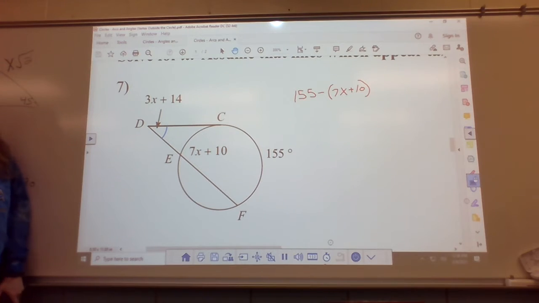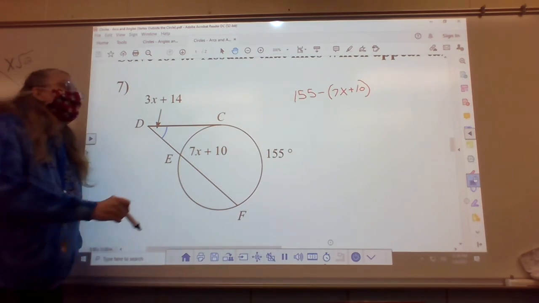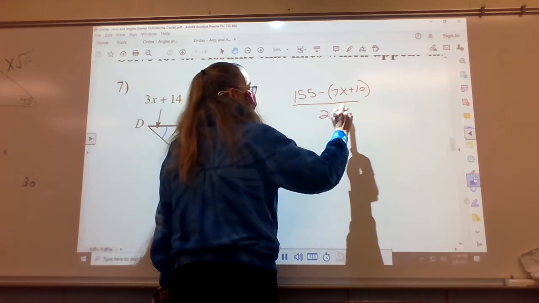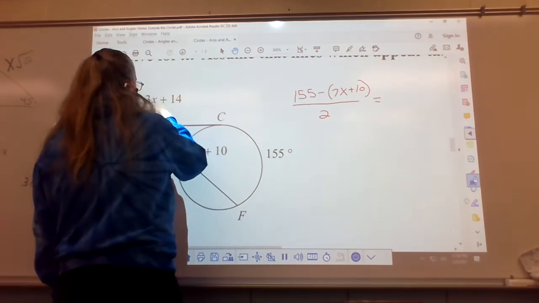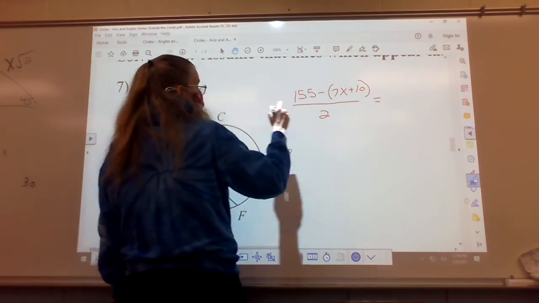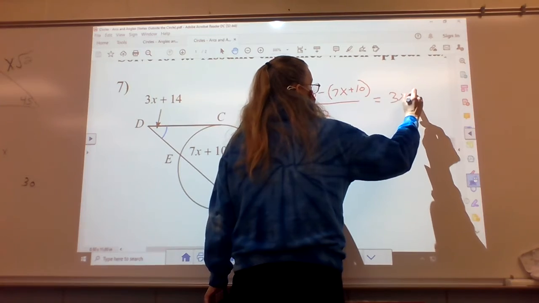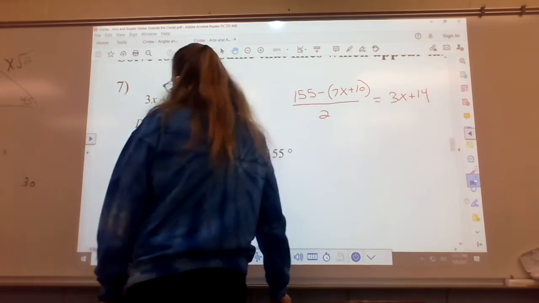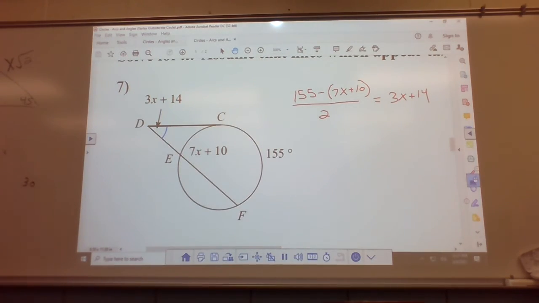Divide by 2 equals angle, which is also an expression, 3x plus 14. So that's the tricky thing, that the little arc is an expression. You've got to put it in a parenthesis.